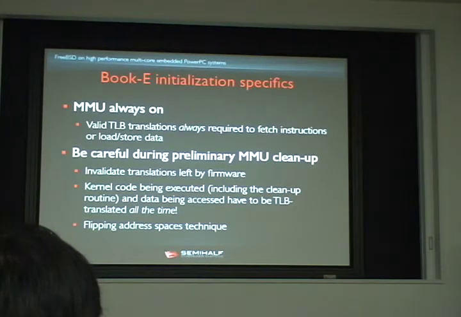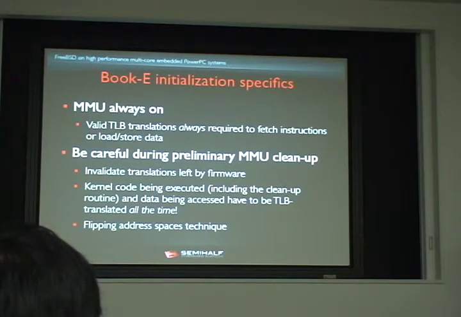So some particular notes about Book E processor behavior. The very far-reaching characteristic of this processor is that we've got the MMU always on. There isn't anything like, we cannot turn it off. That's how this architecture was designed. So we've got the MMU always on.